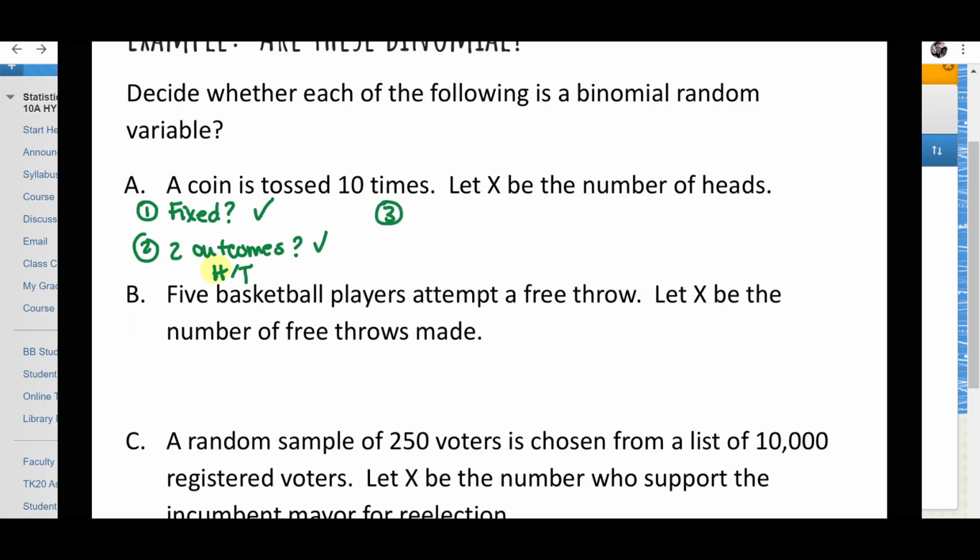The third is that the probability is the same for every trial. That's true because the probability of tossing heads is 50% or 0.5, and that's the same every time you toss a coin. And last, the trials are independent. That's true. Flipping a coin and getting heads on one toss isn't going to affect what you toss the next time around. So this one is binomial.